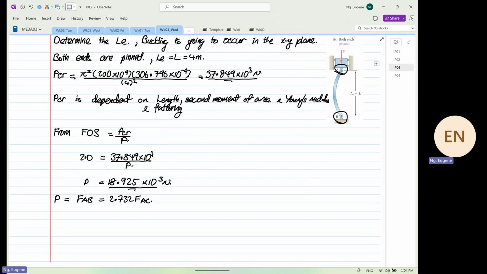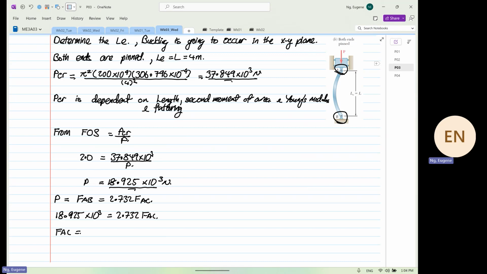So from here, we know that P is equal to 18.925 times 10 to the power 3. This is equal to 2.732 FAC. So therefore, FAC is equal to 18.925 times 10 to the power 3 divided by 2.732.